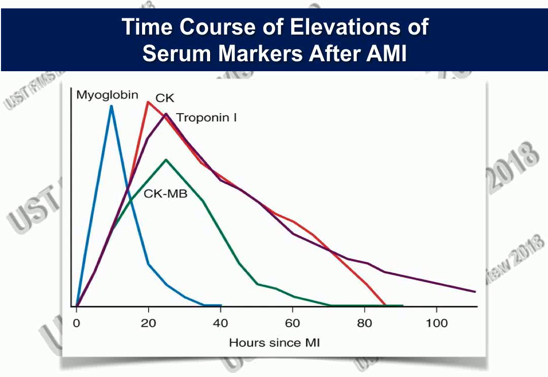And normally your troponin I stays in the circulation between 7 to 10 days, while your troponin T stays in the circulation higher for 10 to 14 days.